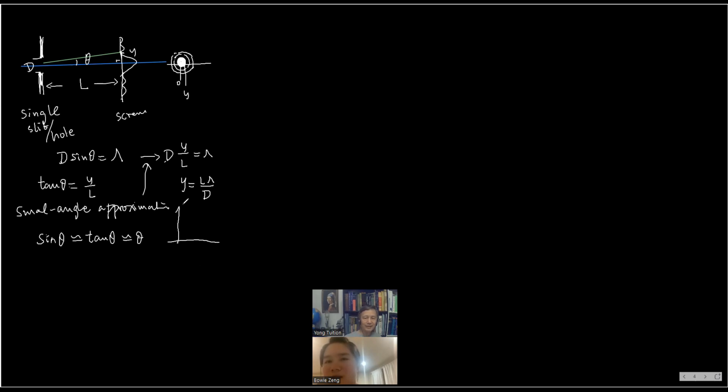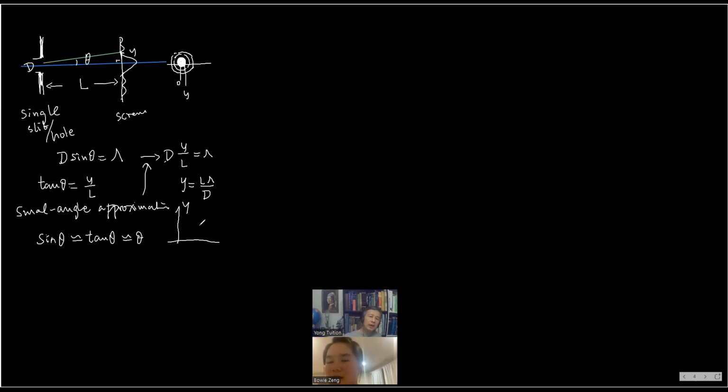So that is why when you are making the single hole camera, do you remember the single hole camera? When theta is significant, an increase in D will increase Y, but when theta is very small, increasing D will not.